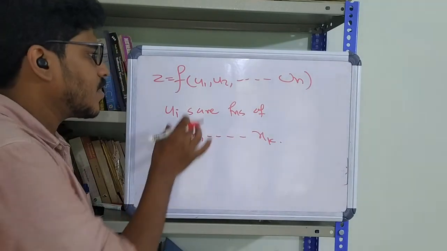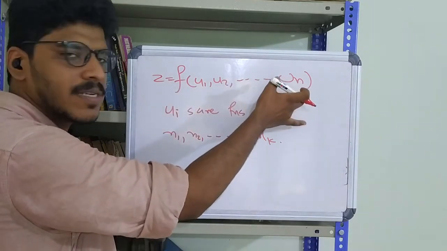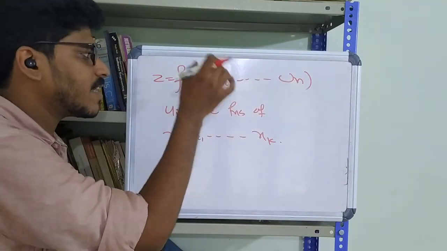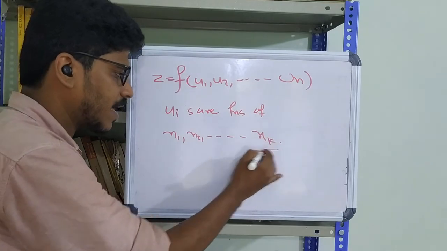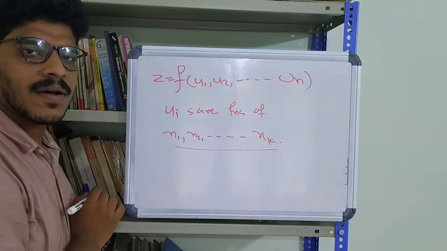So the setup here is we have a function f of n variables, and each of these n variables ui is a function of k variables. Right.